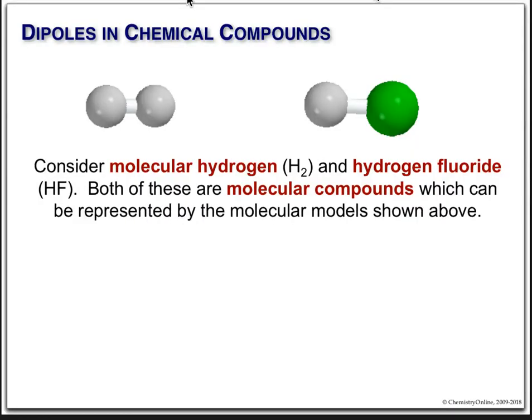Consider hydrogen, H2, and hydrogen fluoride, HF. They're both molecular compounds. They both have a covalent bond. Now, in today's world of computers, we can actually calculate where the electrons are in a molecule like this.